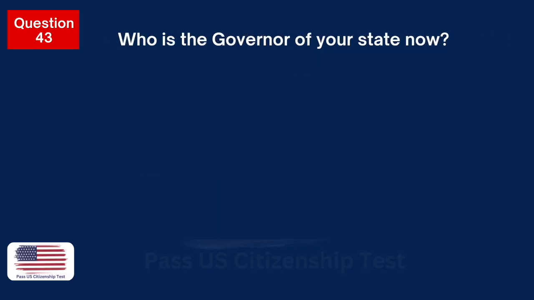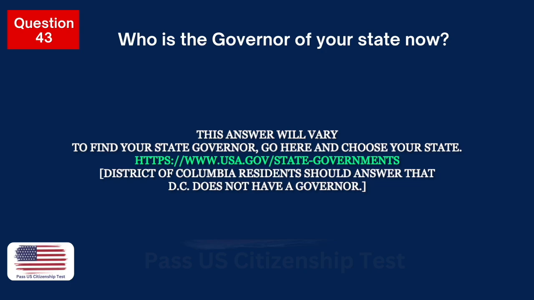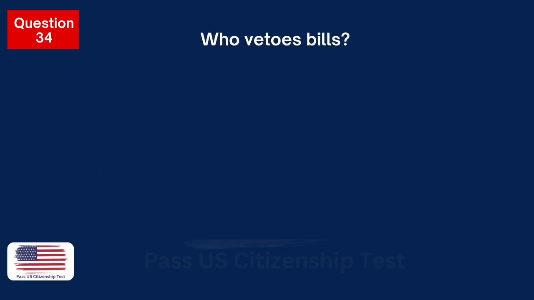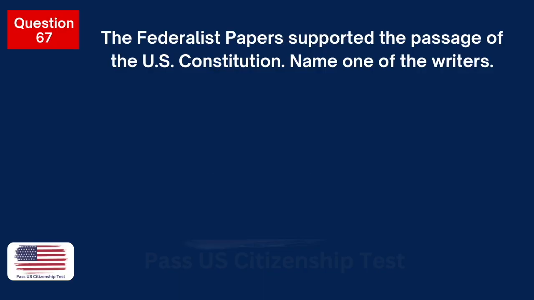Who is the governor of your state now? Who vetoes bills? The President. The Federalist Papers supported the passage of the U.S. Constitution.